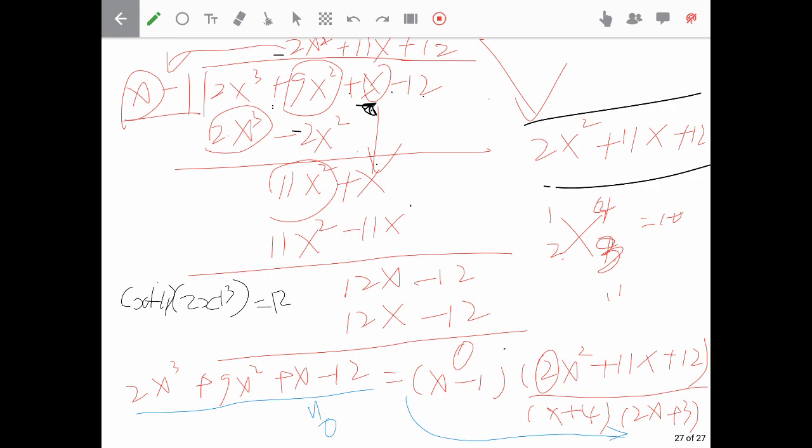Just keep that in mind, the factorized form, and I'll start a new page and read it for you.